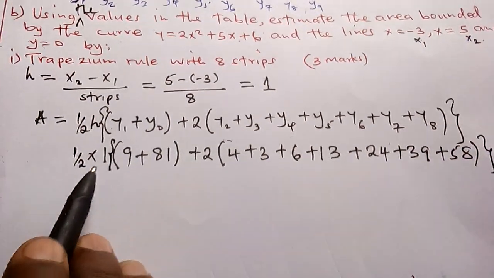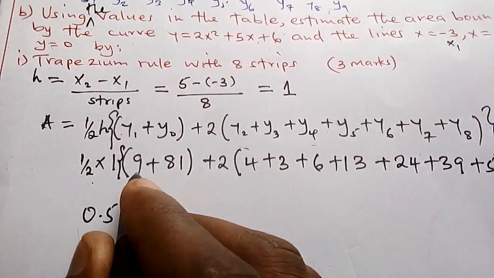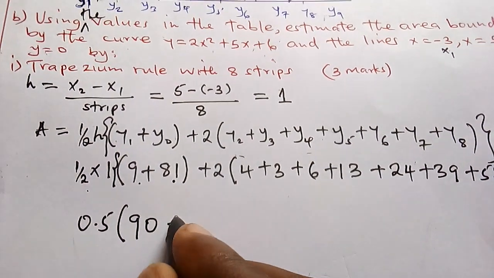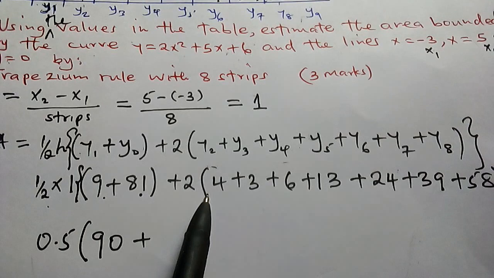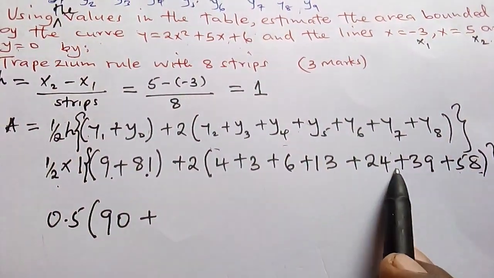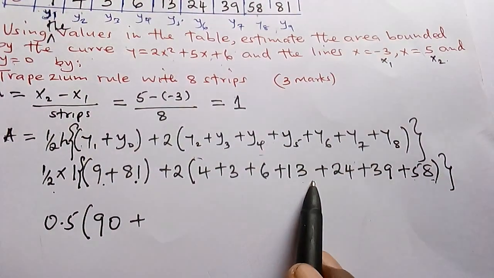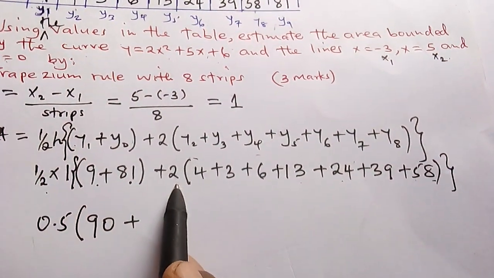So a half times 1, that is 0.5. You work out 9 plus 81, that is 90. Then you work out the whole of this, 4 plus 3 plus 6 plus 13 plus 24 plus 39 plus 58 times 2.